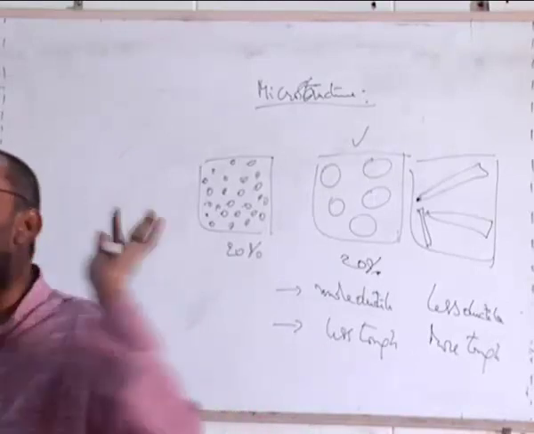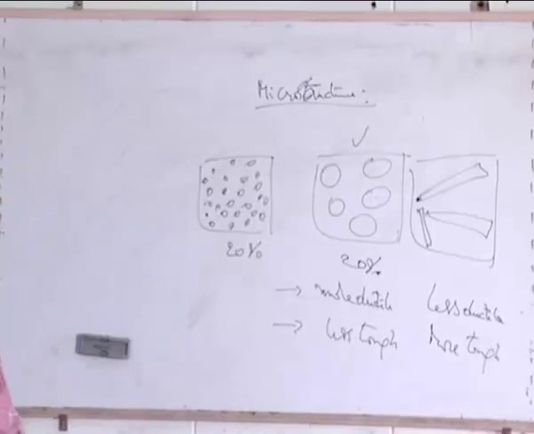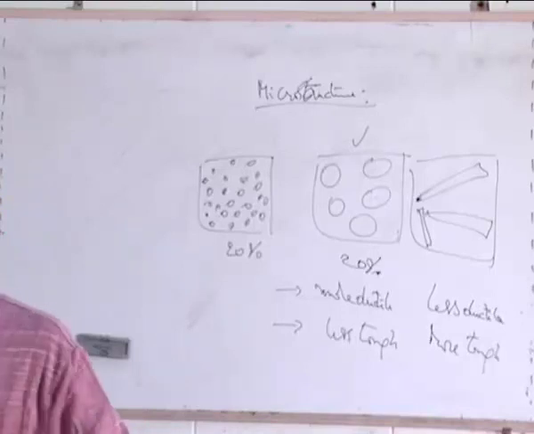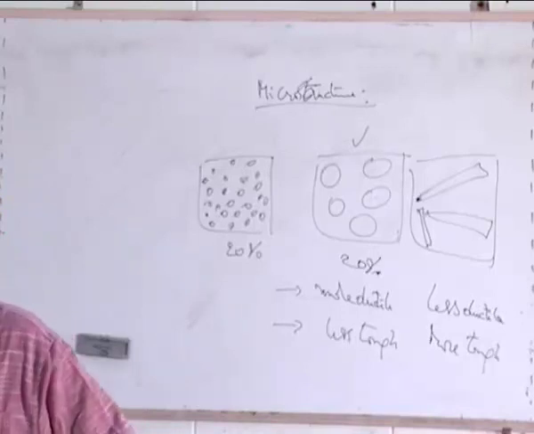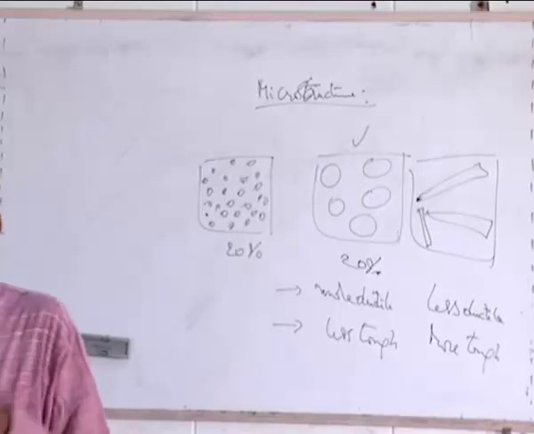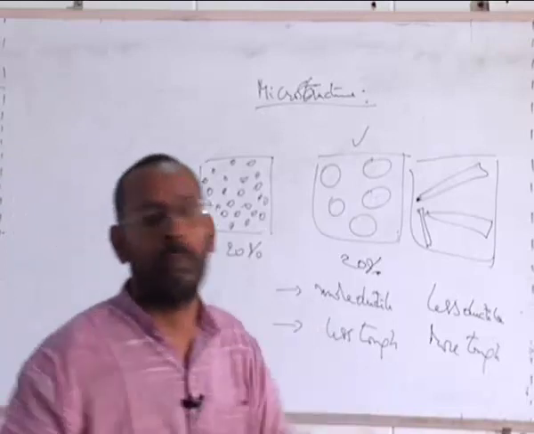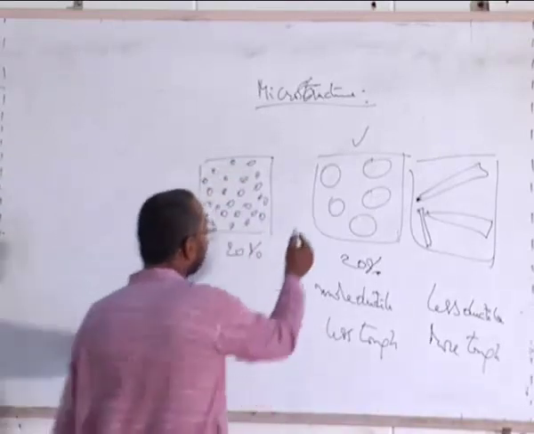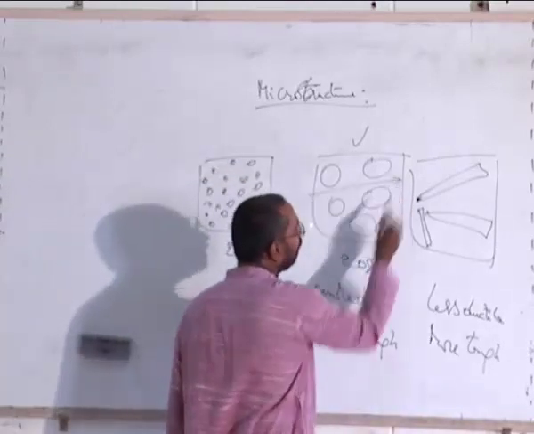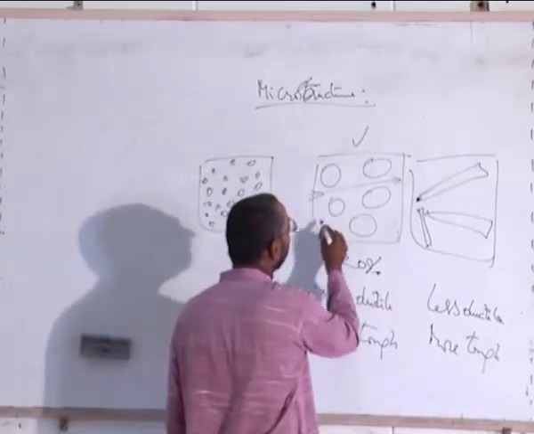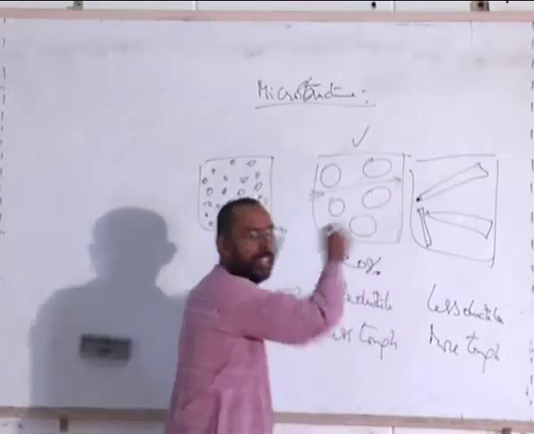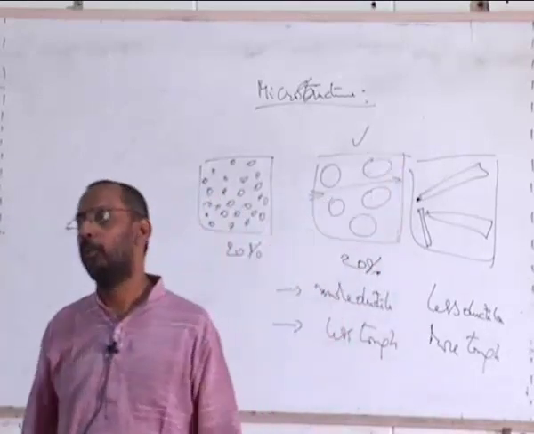The moment I apply a small load, the crack can immediately propagate inside a brittle material. Whereas a ductile material is one where the crack gets blunt as it progresses, and that is the reason why the crack cannot progress. So if you have a material like this, the moment you have a crack initiated, there are no obstacles for the crack to progress much.